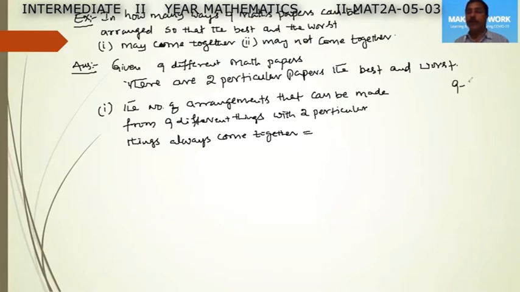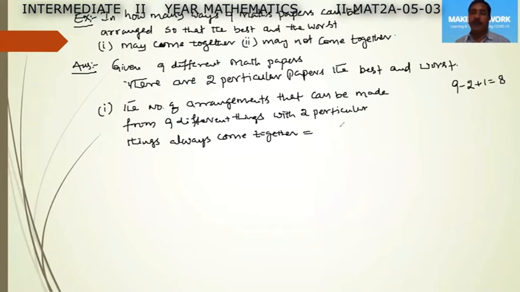We took the 2 particular things outside and added them back considering them as one thing. Therefore, the total number of things now in our hand will be 9 minus 2 plus 1, so 8 things. So when these 8 things are arranged, in all those arrangements, these particular 2 things will be together.